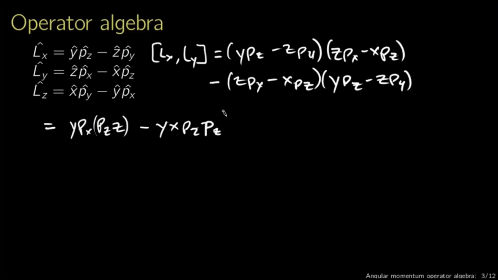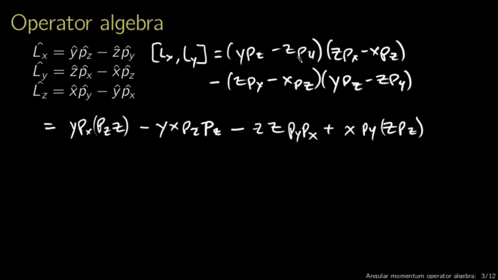If I keep expanding out these terms, minus z, py, px. It's hard to read my notes here, since my handwriting on my notes is even messier than my handwriting on the screen. x, py, z, pz, in parentheses again, from the contribution of this term. It comes in with a plus sign because we have two minuses. The z and the x commute as needed, as does the py and the pz, but I have to keep the z and the pz in order, so I've got z, pz, with x and py being pulled out front.